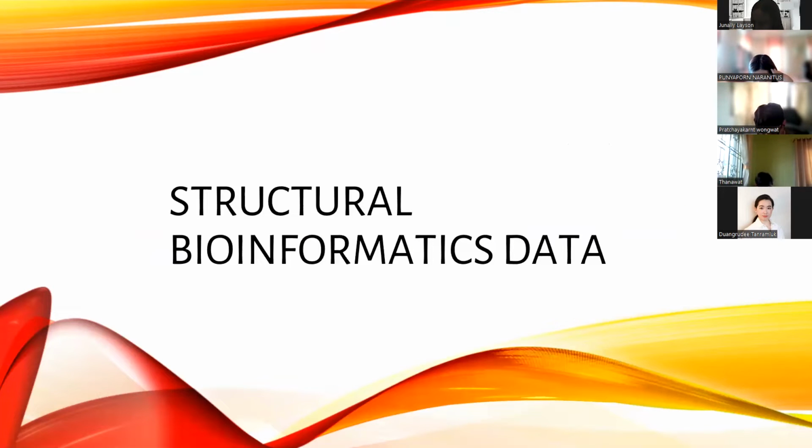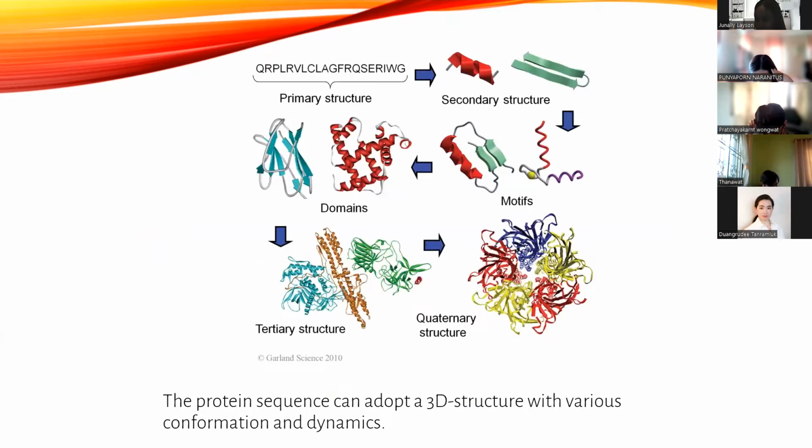So let's come to the structural bioinformatics data. As you have learned from several other classes before, the proteins start from the primary structure of A, D, E, something like that, from one-letter amino acids into a long string like this.